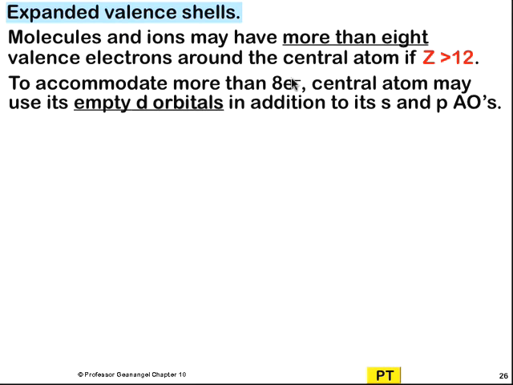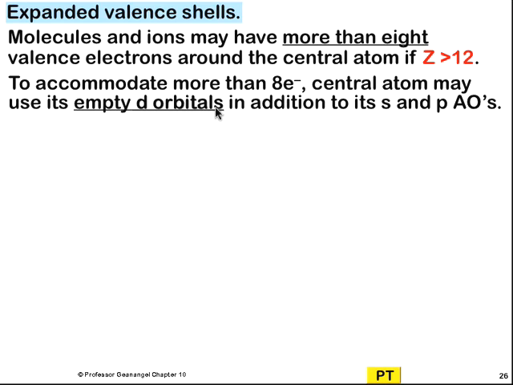Now, what's usually described here, but is still quite a matter of controversy, is that these elements with Z greater than 13, in order to accommodate more than 8 electrons, instead of just using their 3s and 3p orbitals, which can only hold 8 electrons, use their empty d orbitals.